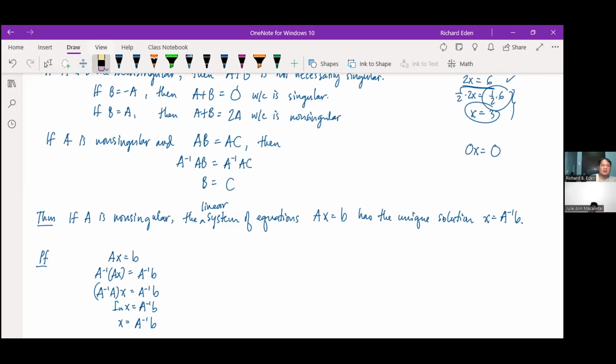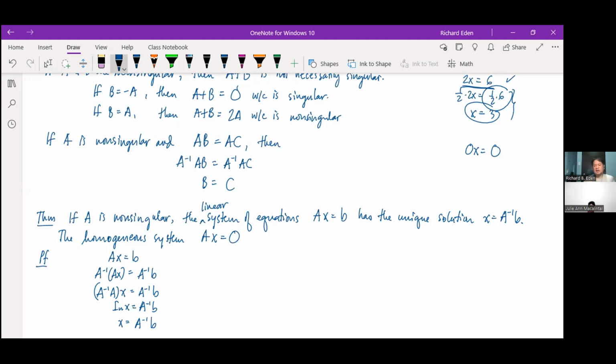Okay. So, what about the corresponding homogeneous system? Ax equal to 0. Well, this is just a special case where the column vector b is that column of zeros.